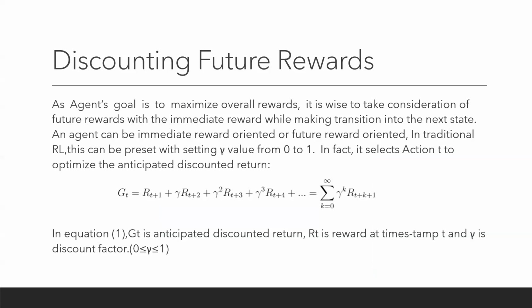Now, particularly, let's talk about the discount factor, gamma, which is the main interest in this MDP process. As I said, when the agent interacts with a state, the state gives an immediate reward; some actions give an immediate reward.